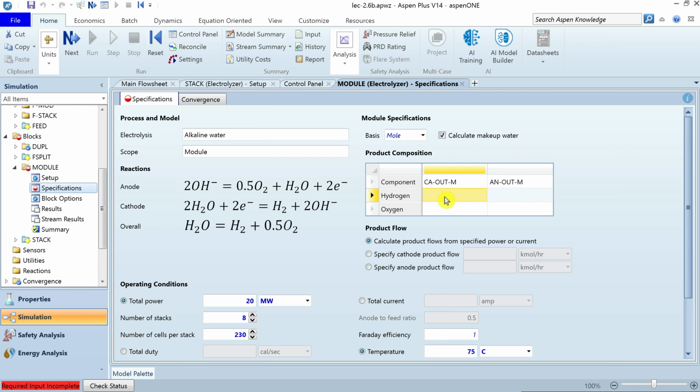So let's define hydrogen 96% in the cathode side and 0 oxygen leaving from the cathode side. Similarly, 0 hydrogen leaving in the anode side but 96% oxygen in the anode side. The remaining 4% will be water entrainment in both of the product streams. With this, all the specifications are done. Let's save the file and run the simulation. Results are available.